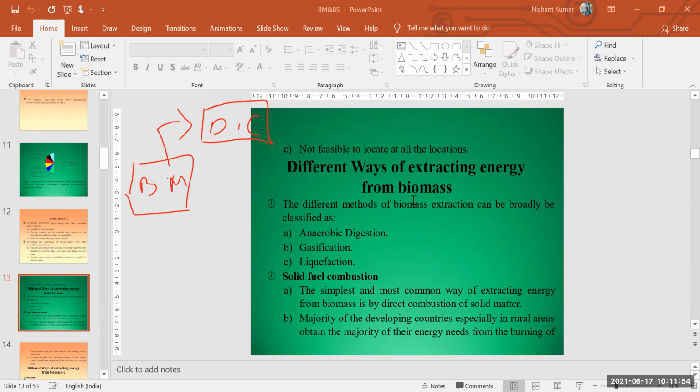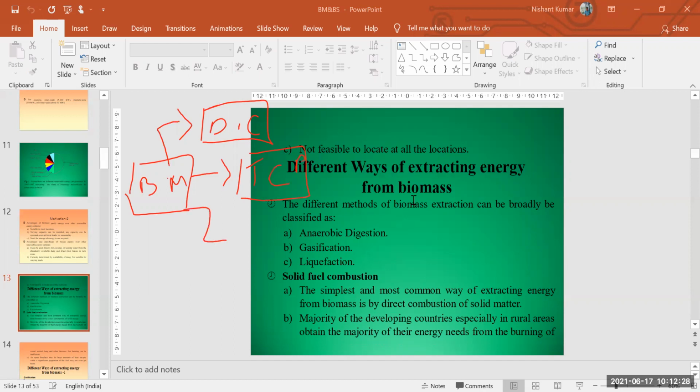It is used in the direct combustion manner. Second is your thermochemical process or reactions. This is another segment, and both are accountable. Two of the things could be accounted in both. In direct combustion we generally burn, in thermochemical process also we generally burn.